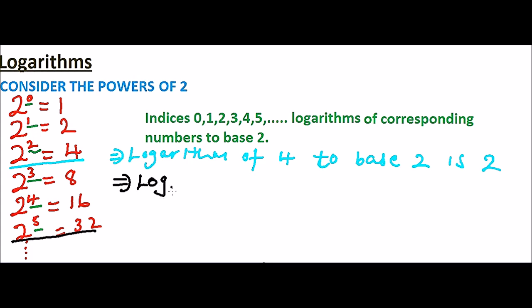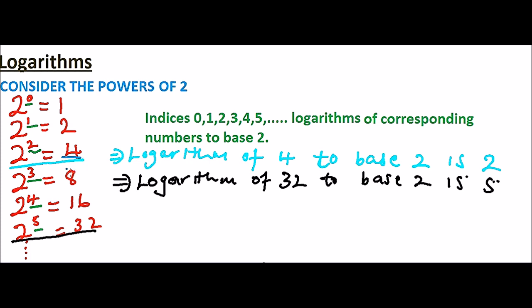The log of 32 to base 2 is 5. So note the logarithm of 4 to base 2 is 2. So note that the logarithm of 32 to base 2 is 5.